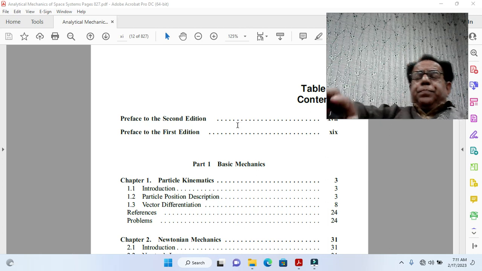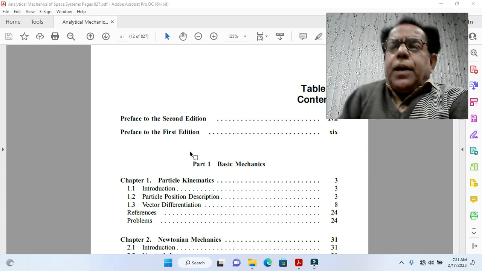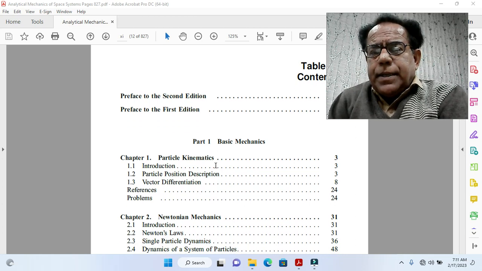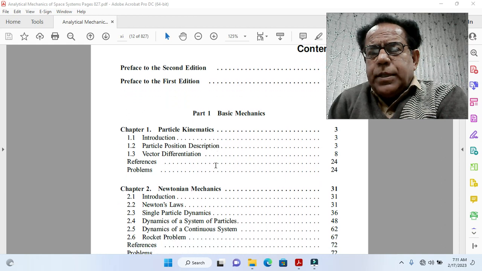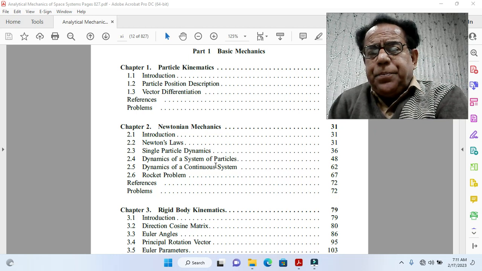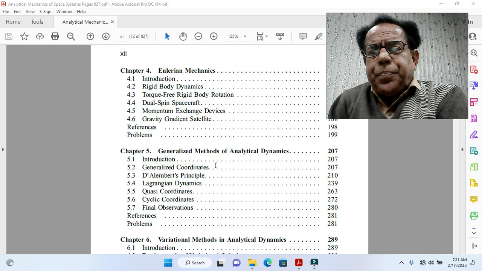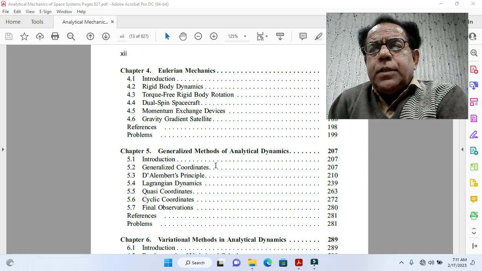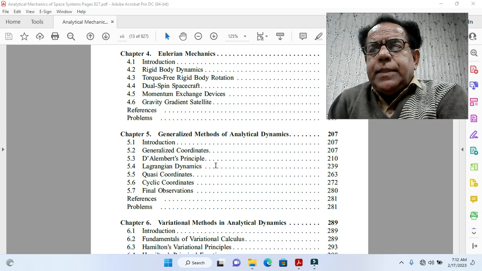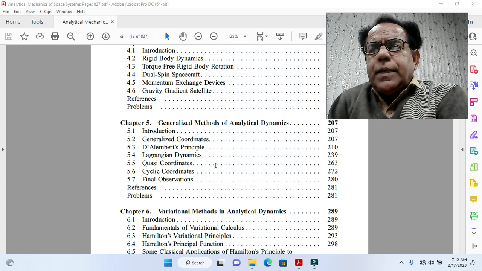Part 1, basic mechanics, in which chapter number 1 is titled particle kinematics, chapter number 2 is Newtonian mechanics, chapter number 3 is rigid body kinematics, chapter number 4 is Eulerian mechanics. Chapter number 5 is generalized methods of analytical dynamics.